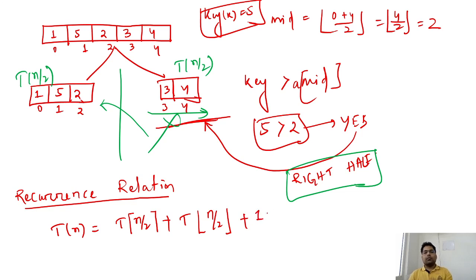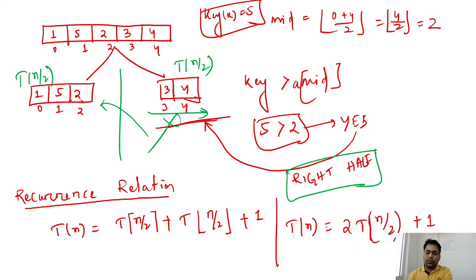Then you add 1, because we are not going to combine it, we are just finding it out. So here in general I must say T of n will be 2T of n by 2 plus 1, just checking with the n by 2.